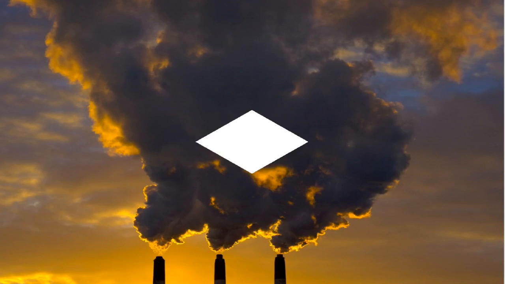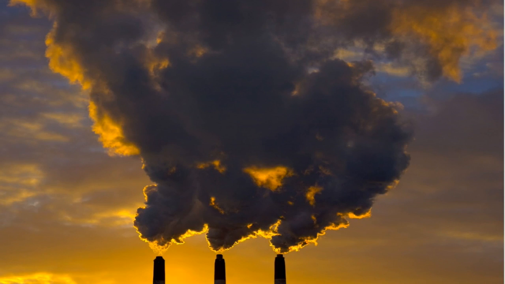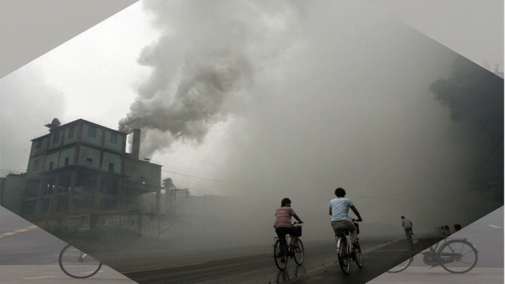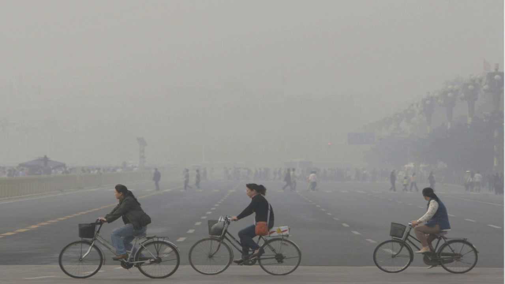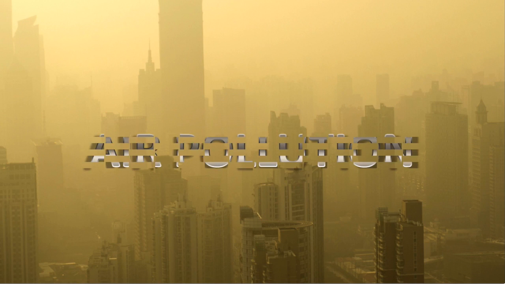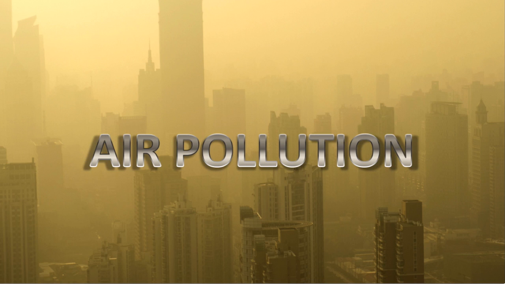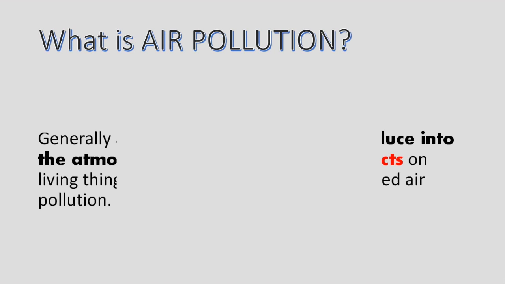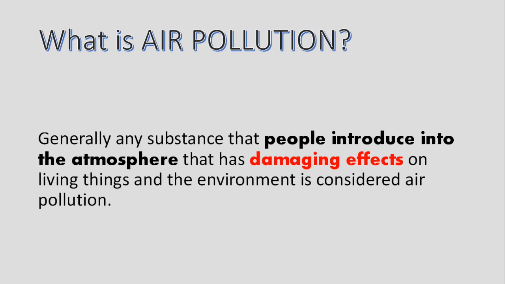To begin with, here are some images of air pollution around the world. And now let's give air pollution a definition. Generally, any substance that people introduce into the atmosphere that has damaging effects on living things and the environment is considered air pollution.